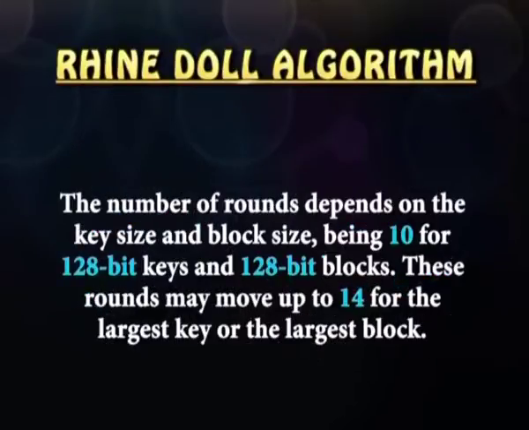The number of rounds depends on the key size and block size, being 10 for 128-bit keys and 128-bit blocks. These rounds may move up to 14 for the largest key or the largest block.